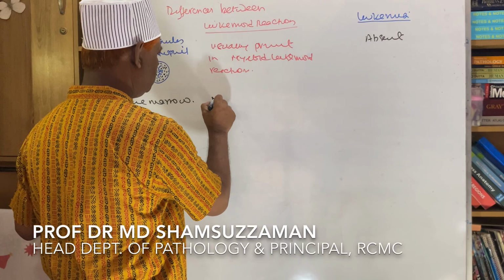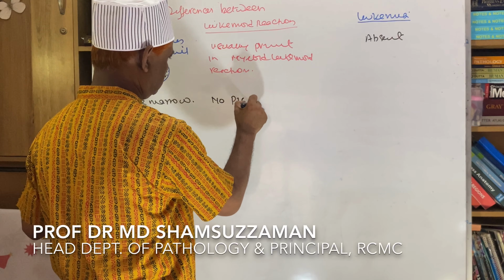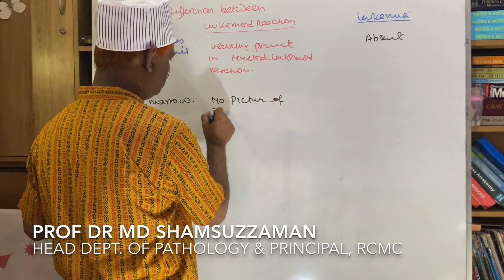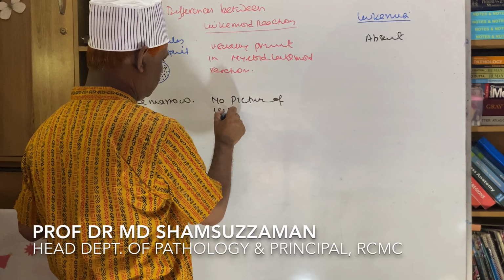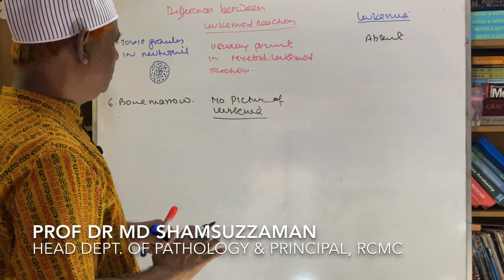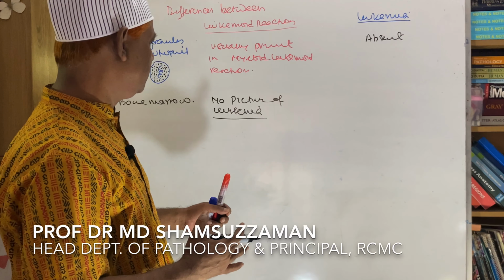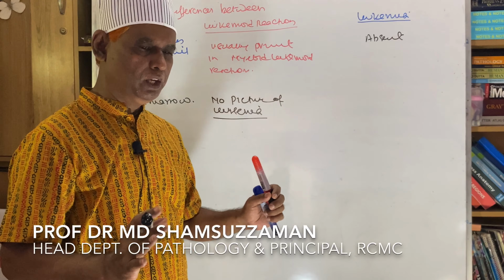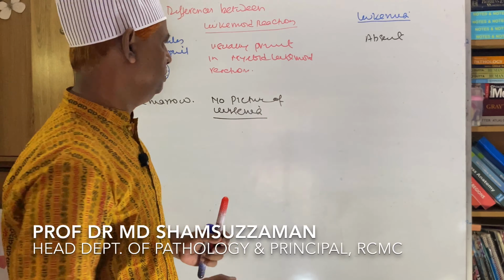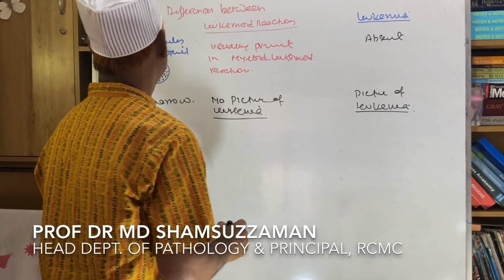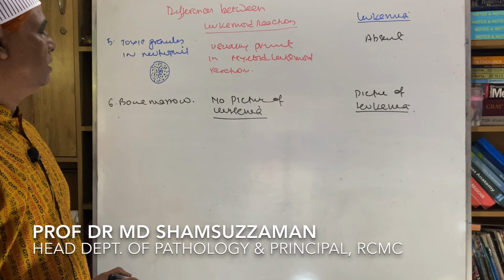Although there are immature cells in peripheral blood and it clinically resembles leukemia, the bone marrow does not show any picture of leukemia. But in leukemia, there is the full picture of leukemia. So these are the differences between leukemoid reaction and leukemia.